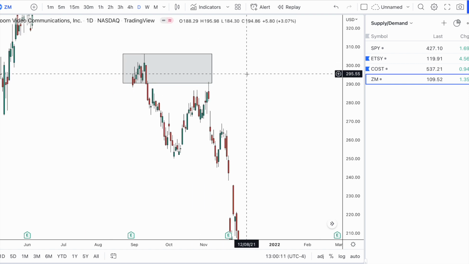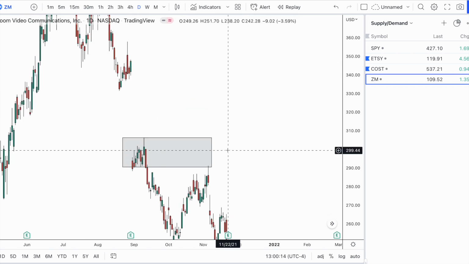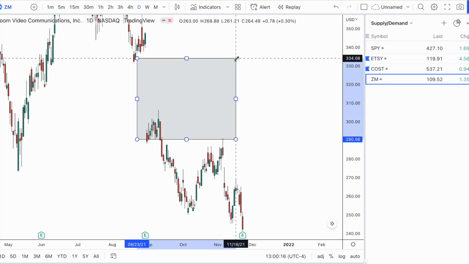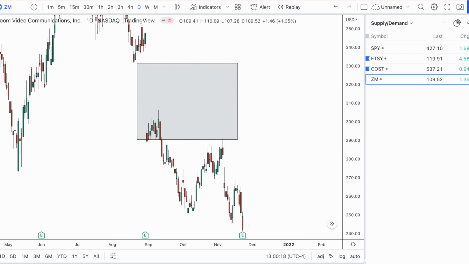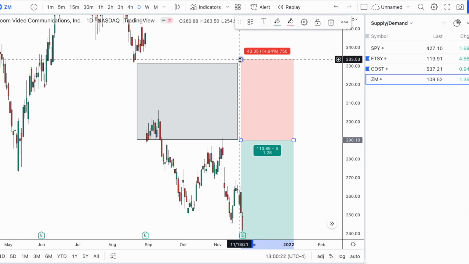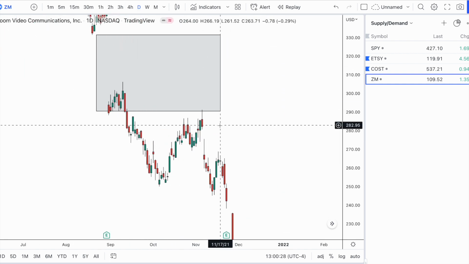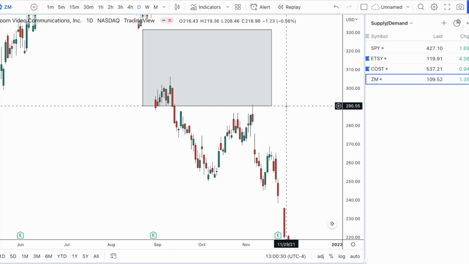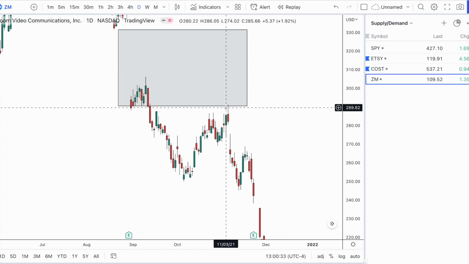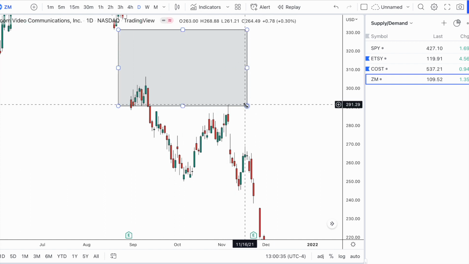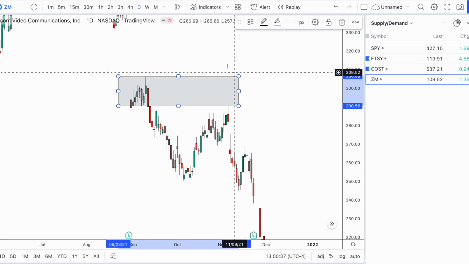One other thing that you could do: sometimes these demand zones get pretty big, so say a zone was this big, and you don't want to be risking like 43 points, right? You don't want to be risking that much. Something you could do is wait for the reaction and then move your stop above where the demand or supply zone hit. So in this example, this is our zone.